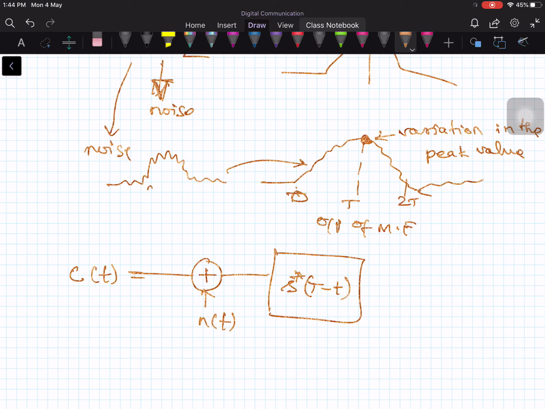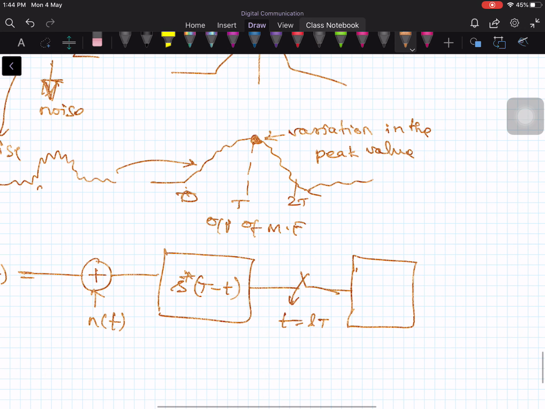Take the conjugate of this if it is real, and then do the sampling at t equal to T, and because of the noise, you have to put a polarity detector, and the output will be 0 or 1.